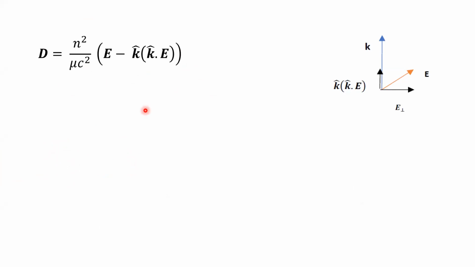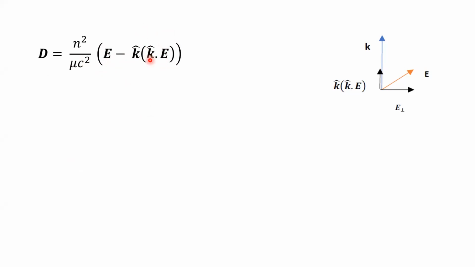Now look at this equation carefully. You have D, you have some constant vector. Let's not pay attention to that. You have the E vector. Then from the E vector, you're subtracting something. Now, what is this? This is basically the projection of E along K.